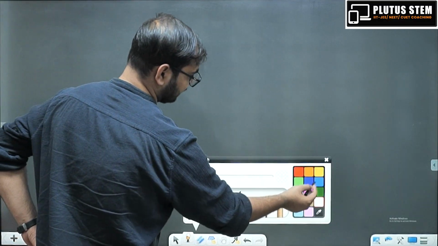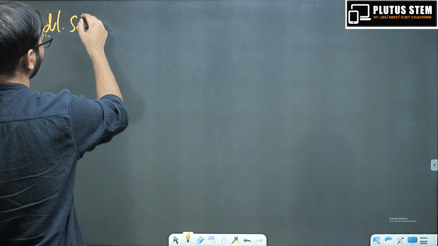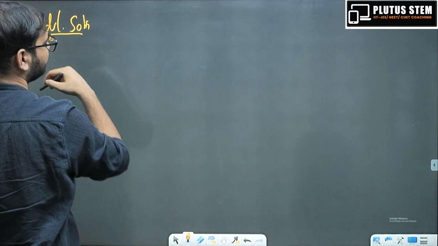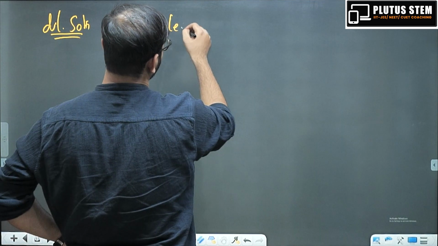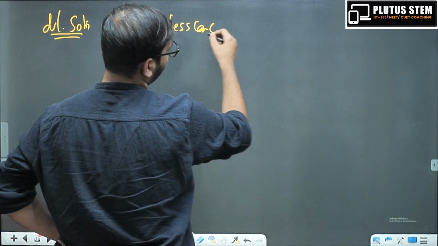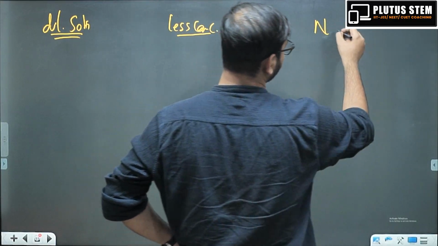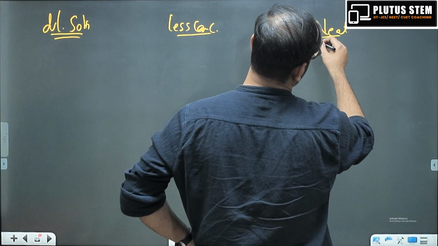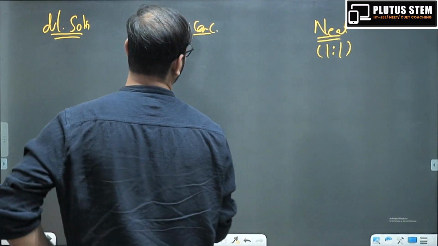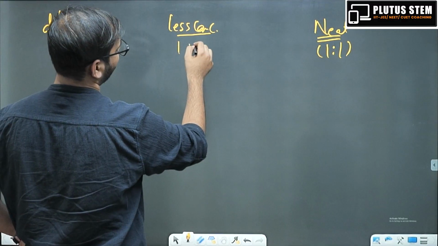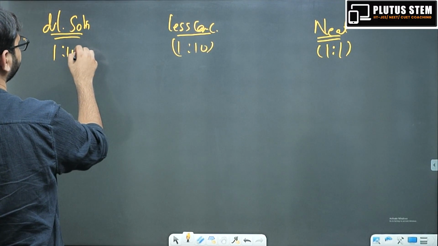Now, making the cases for dilute solutions, less concentrated, or your neat solution. Neat means you are taking a 1:1 ratio of ethylene glycol plus CCl4. In this case, you are taking 1:10 concentration, and for this you are taking 1/100.